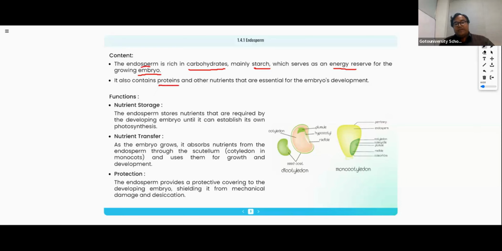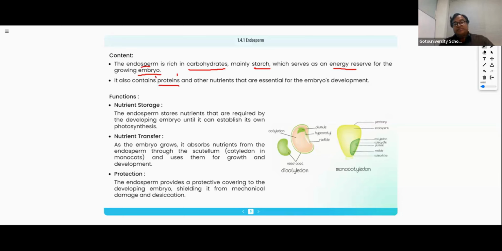We need the protein. Protein is very important for the plant cells to multiply into many. In the sense, the protein is acting as an enzyme. I'm a plant cell, I need the enzyme. For what? To run the metabolism. So for running the metabolism, I require protein as an enzyme, right?